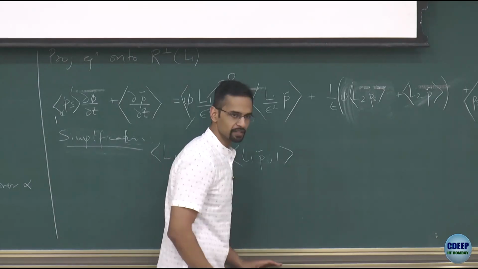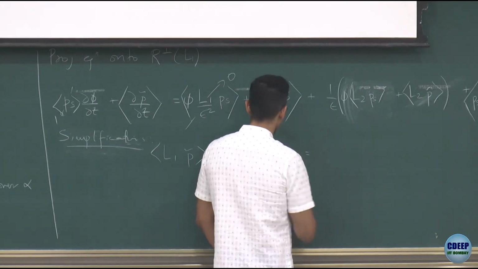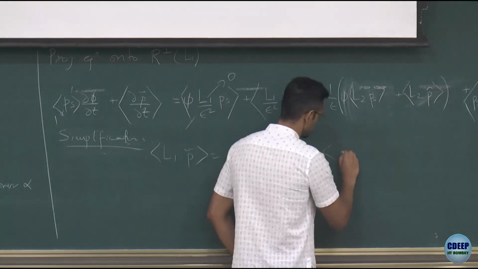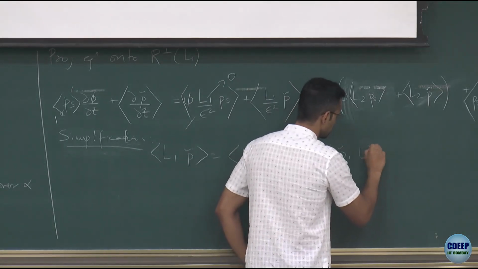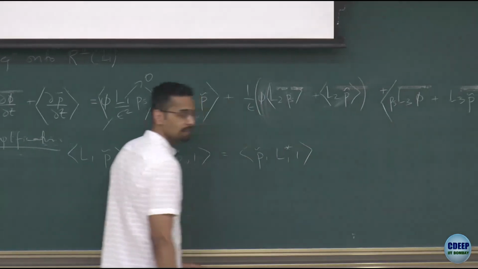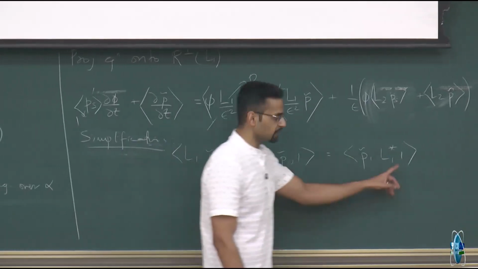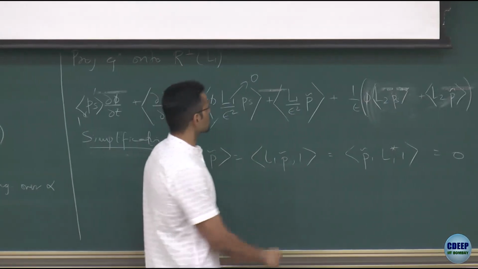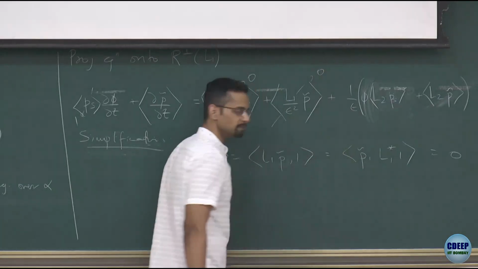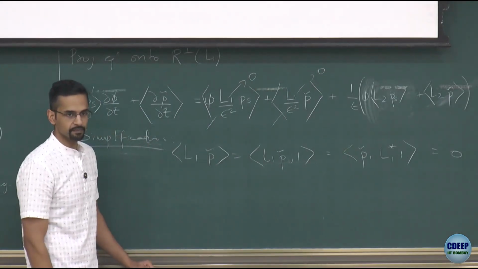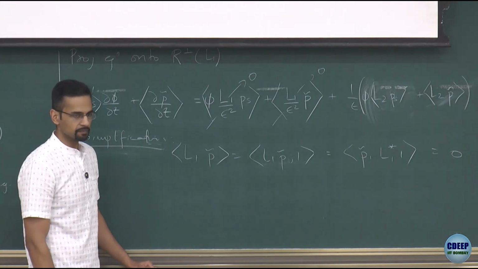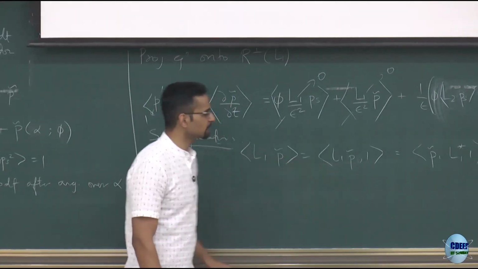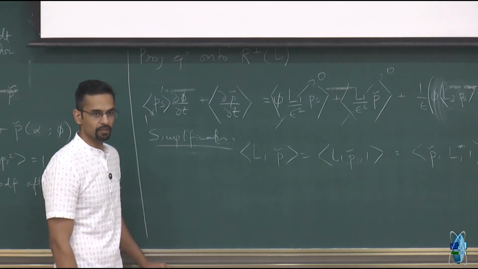In fact, that's exactly what we did. And then I can use the adjoint and move it. And what is this? 0, right? Because 1 is in the null space of that. So this guy is also gone off. Okay, so I use the adjoint property and the fact that 1 is the null space of L1 adjoint.